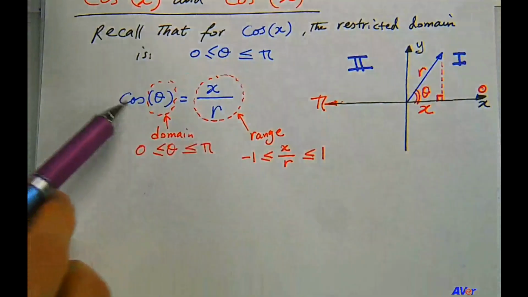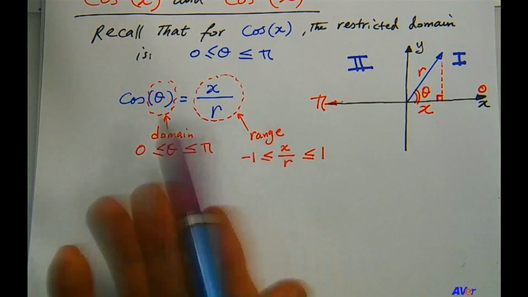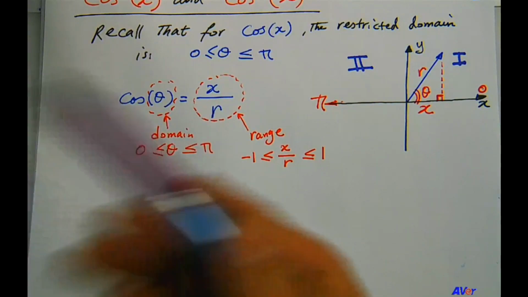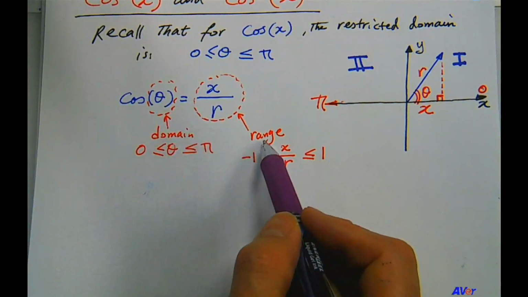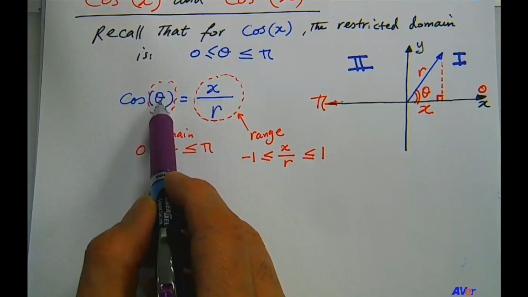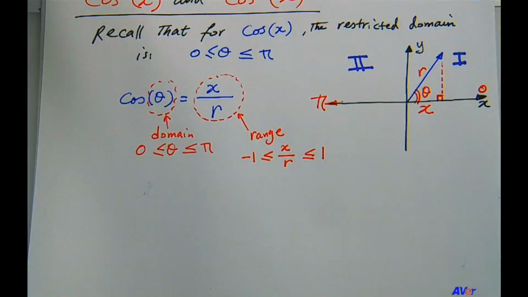And all of this is for the original cosine function. This is important because in a few seconds we're going to talk about the inverse cosine function, in which case these two are swapped. So this range x over r becomes part of the domain and theta becomes part of the range. So let's see how that works.